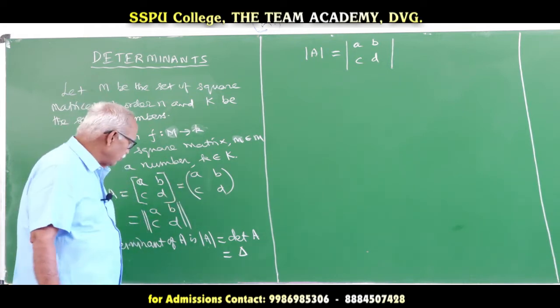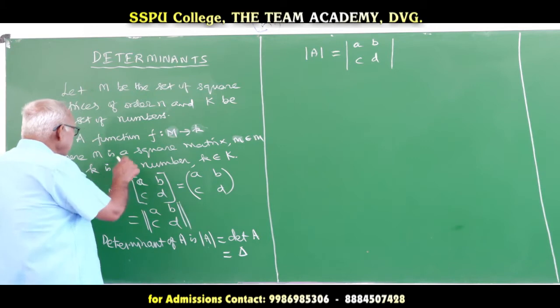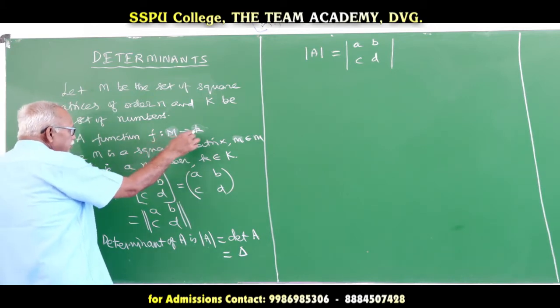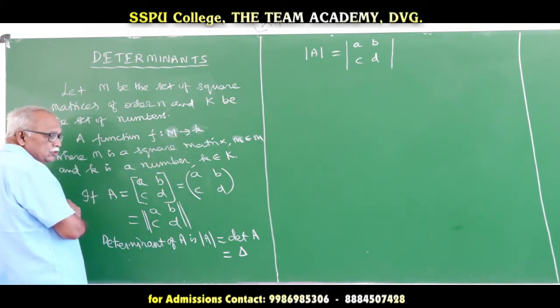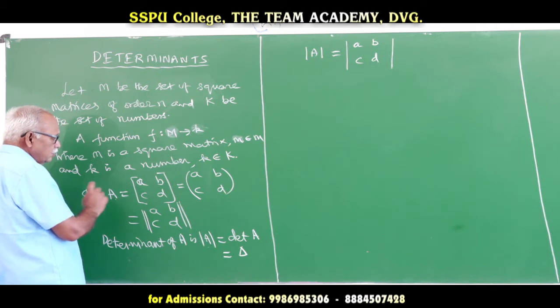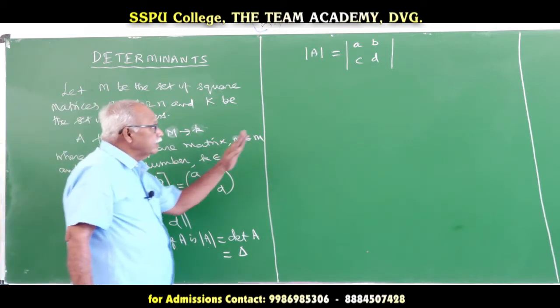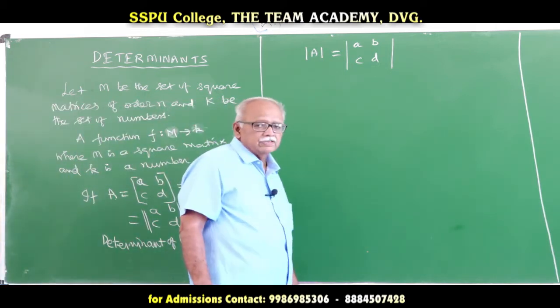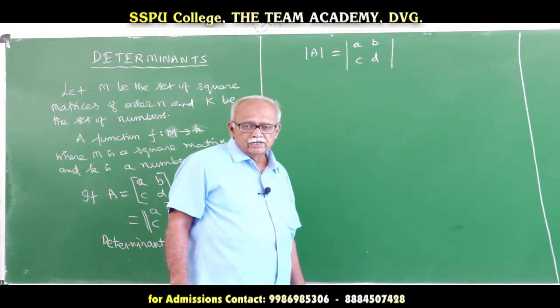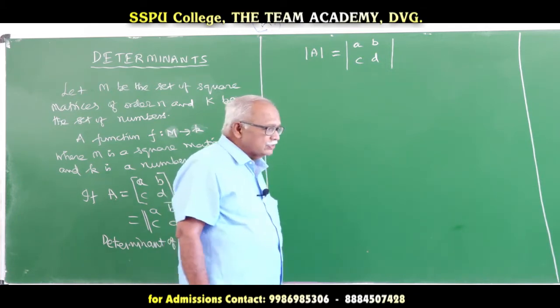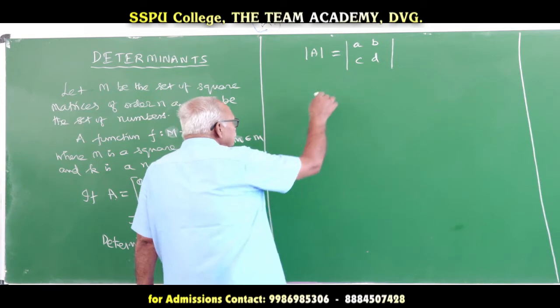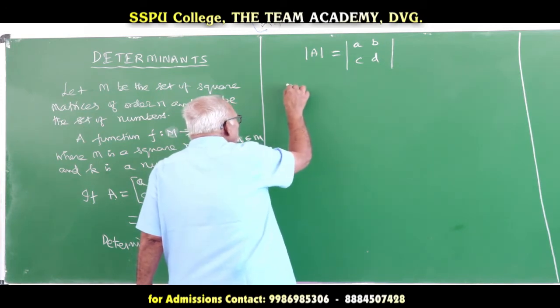So here f is from M to K, matrices to a real number, and you will get a unique number for this. Let us see what is the real number that we will be getting. First, let us take, so this I will write in the notes.